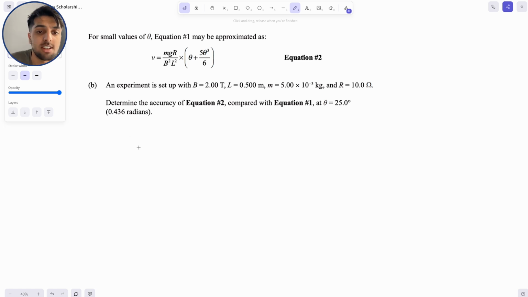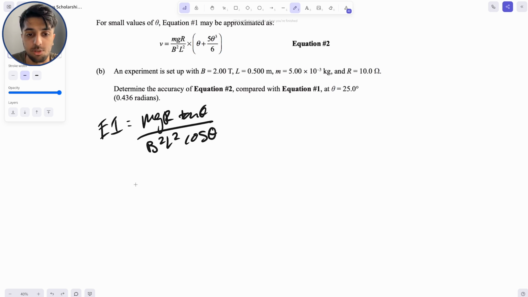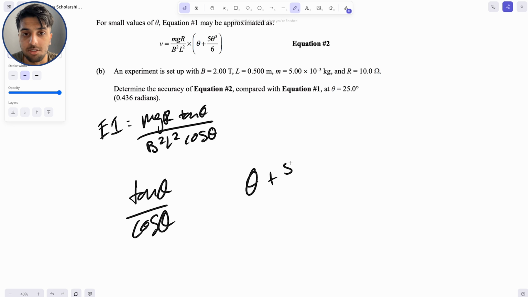The original equation was E1 equal to mgr tan theta all over b squared l squared cos theta. This section of the equation is the same as in the other equation, so we can cancel those two out. What we're actually comparing is tan theta over cos theta compared to theta plus 5 theta cubed over 6.